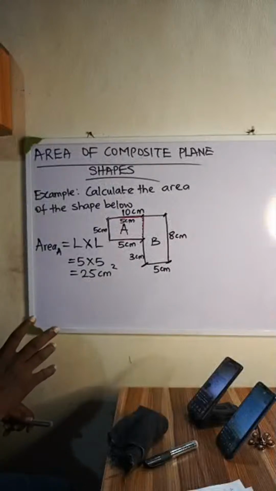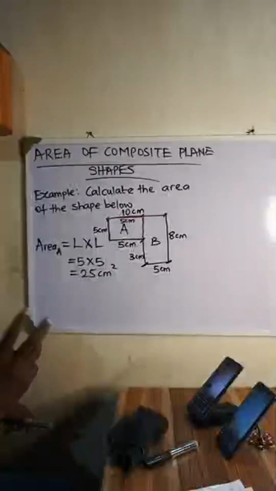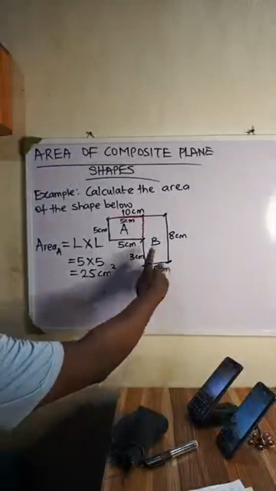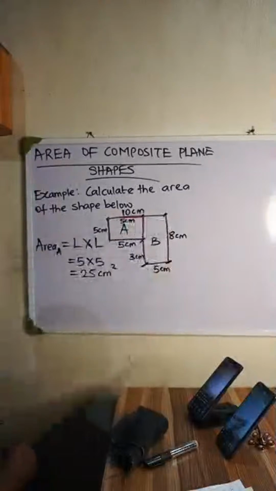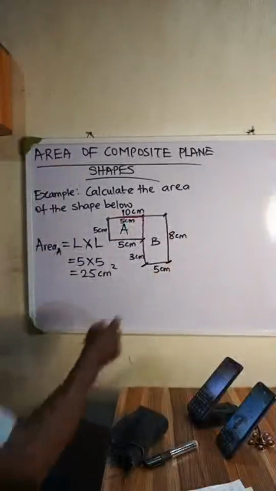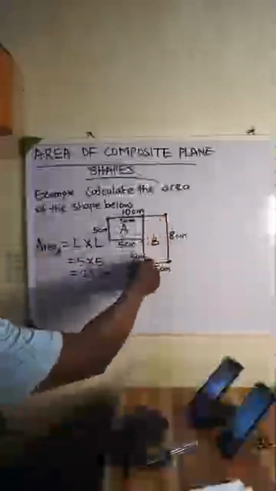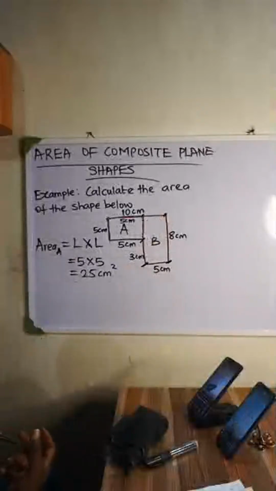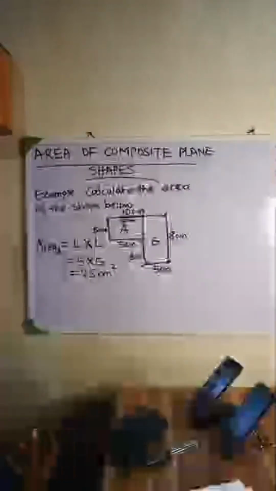Now we need to calculate the area of shape B. The area of shape B is quite easy to calculate because we know that here is 5 centimeters, here to here is 8 centimeters. So to calculate the area here, we observe that this shape is a rectangle. Okay, shape B is a rectangle.